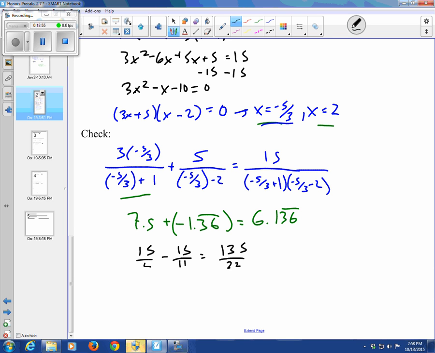So by getting common denominators here, we'll multiply 15 by 11 and get 165 over 22. And then minus, we multiply the numerator and denominator by 2, we get 30 over 22 equals, and then right here we get 135 over 22.